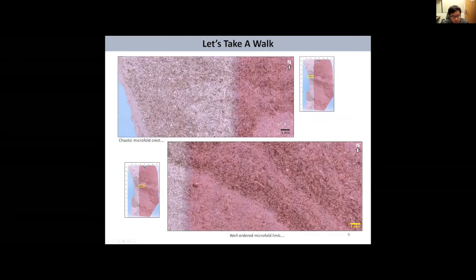This is a zoomed out version of the flank. We can appreciate how they are more chaotic, if not bimodal. And for the crest area, we see they are more well oriented, following the orientation of the microstructure.